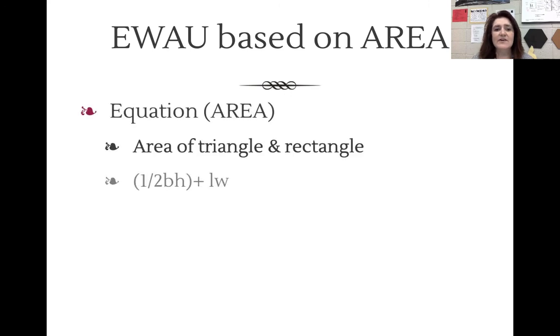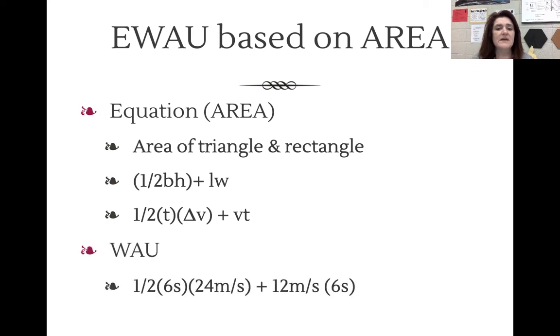So based on the area of a rectangle and triangle, 1/2 base times the height and length times width, or 1/2 time times change in velocity plus velocity times time, you will end up with 144 meters.